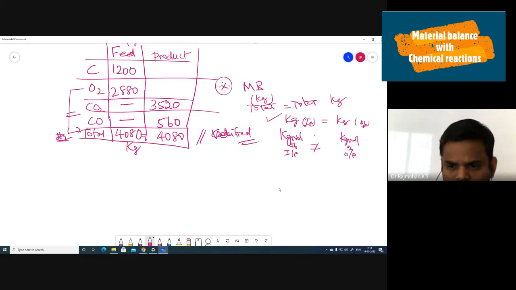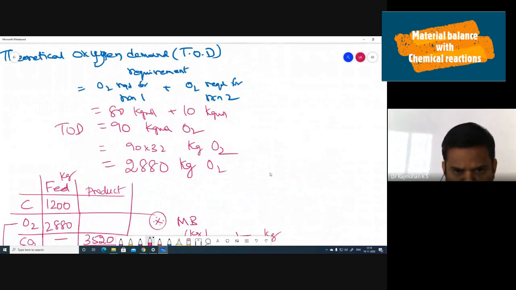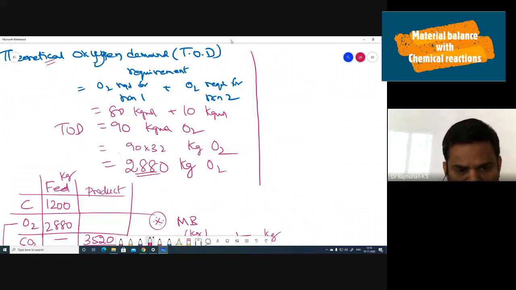So these are general points, for which I just took a simple general case to explain. One more thing can be explained here. What we have determined is the theoretical oxygen demand. Stoichiometrically, we want this much kg of oxygen.